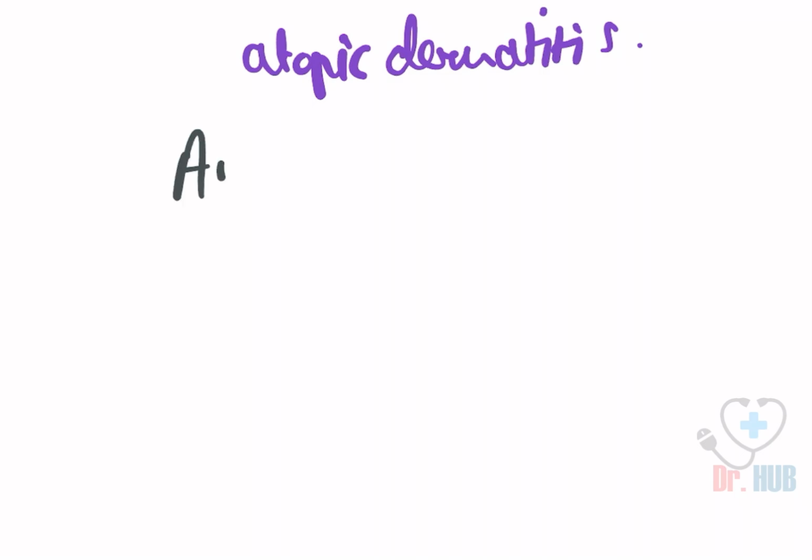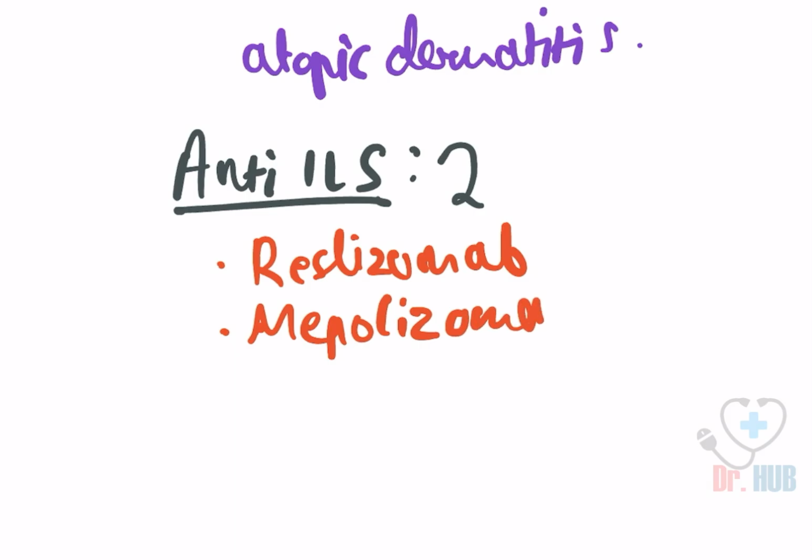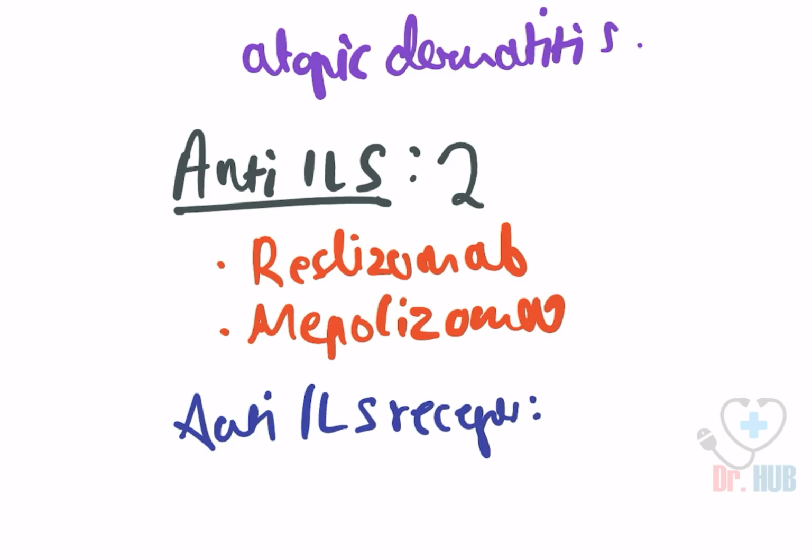Next, we look at the anti-IL-5. So in case of anti-IL-5, there is the reslizumab as well as the mepolizumab. Okay, and then we look at the anti-IL-5 receptor. So this is the benralizumab.